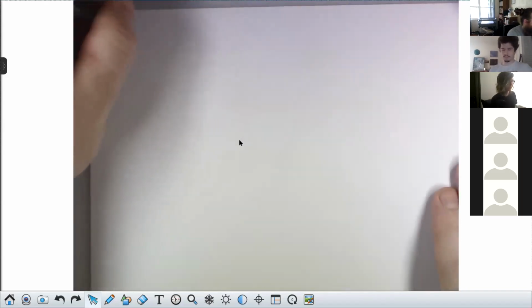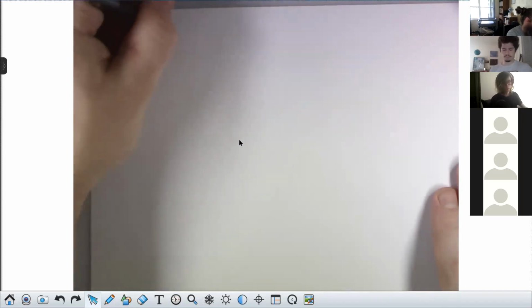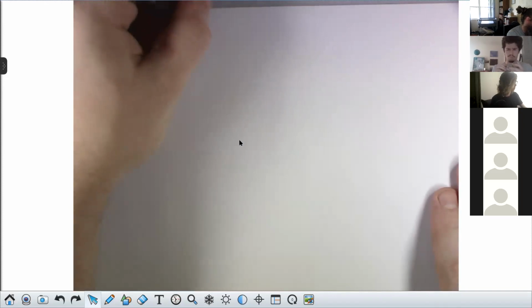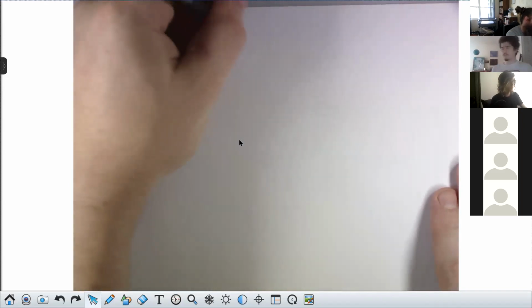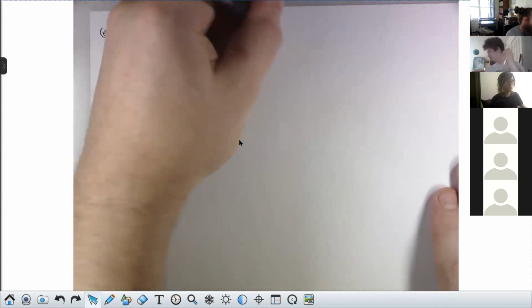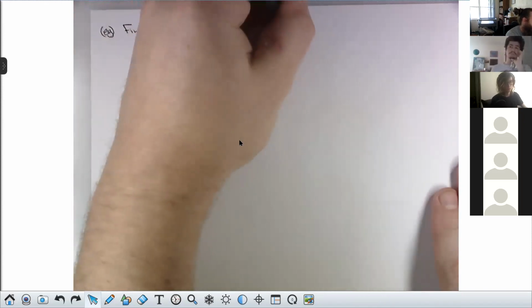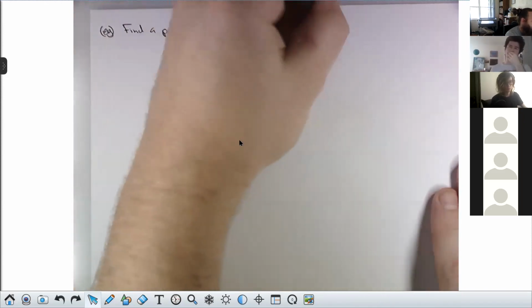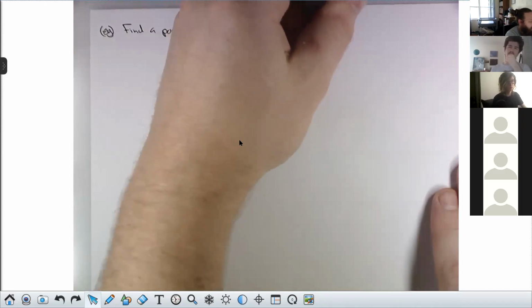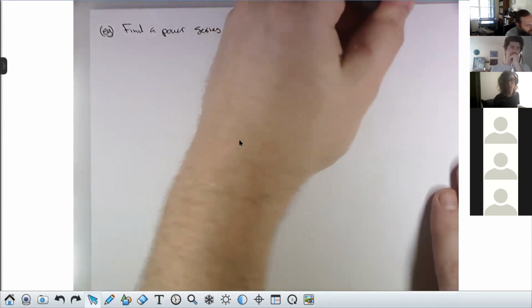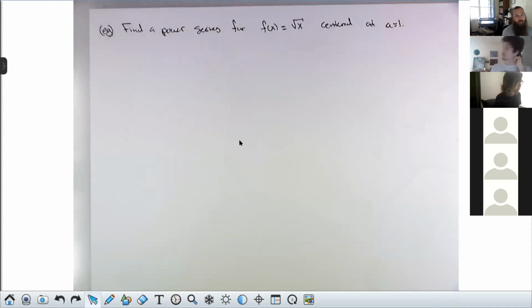We're going to find the power series of f of x equals the square root of x centered at a equals 1. So this is not a Maclaurin series, the center is somewhere else. It is a Taylor series, and I'm going to use Taylor's theorem to do it.